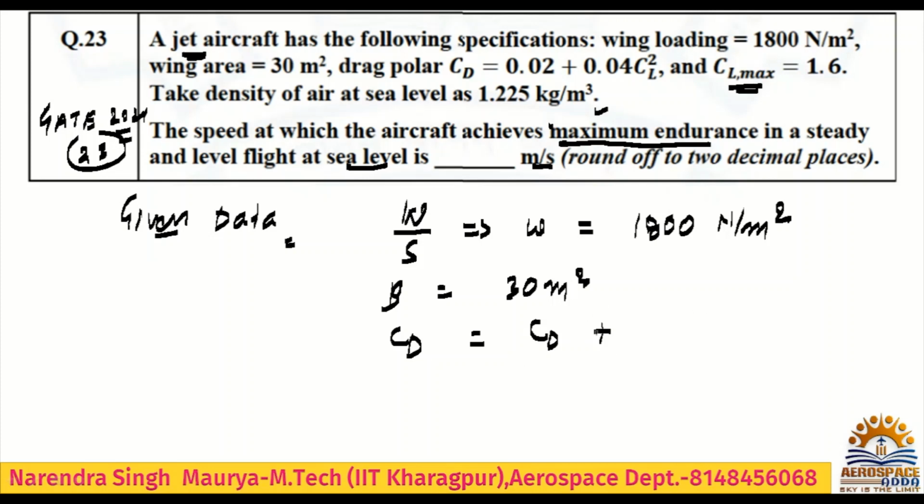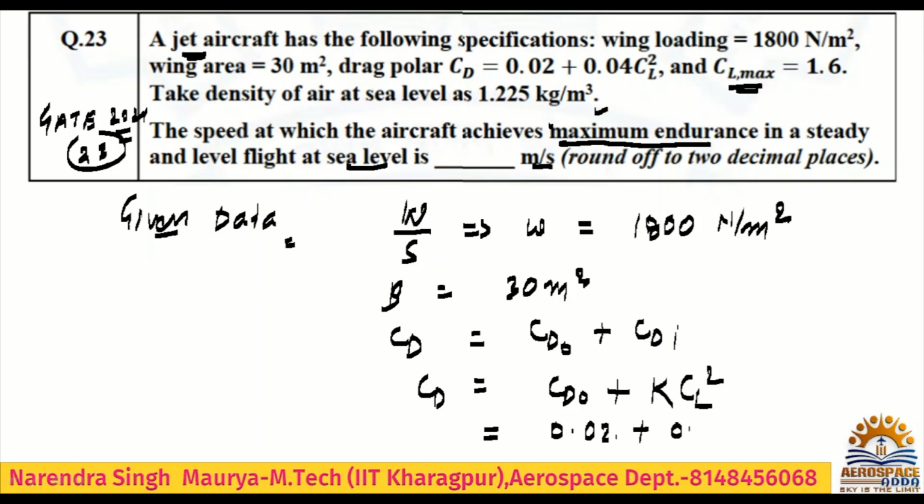So CD naught is the parasite drag, and CDI is the induced drag, which is given as K CL square. This is the exact format, and in this problem CD naught is given as 0.02, plus K is given as 0.04 CL square. This is the drag polar.